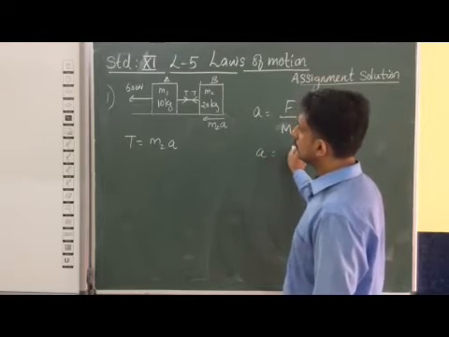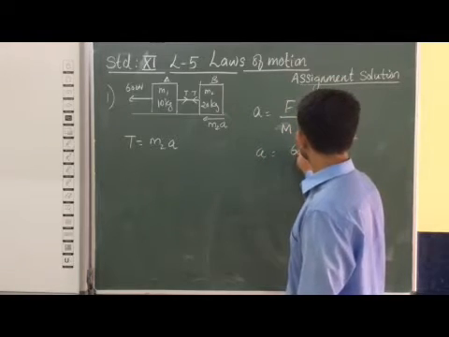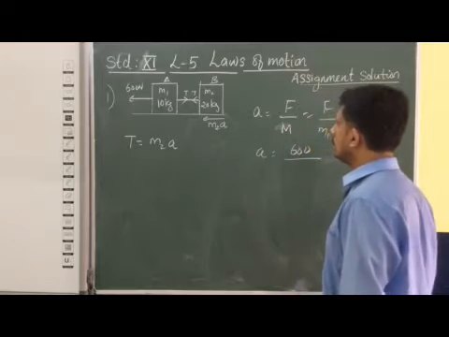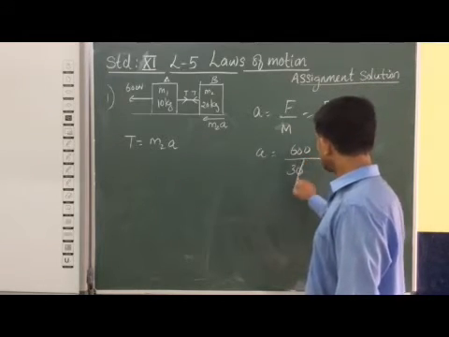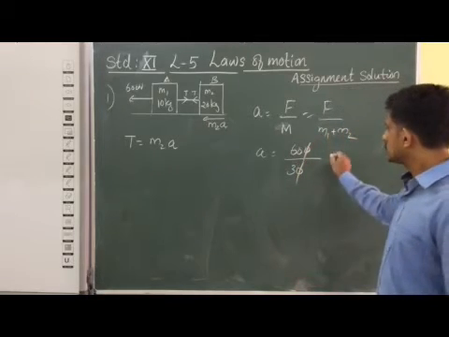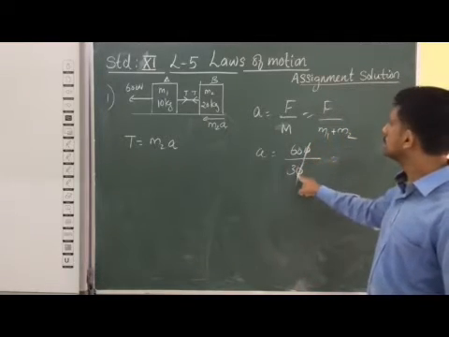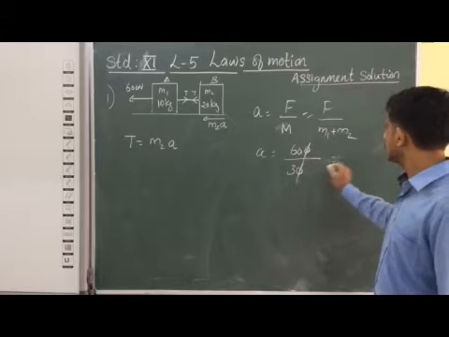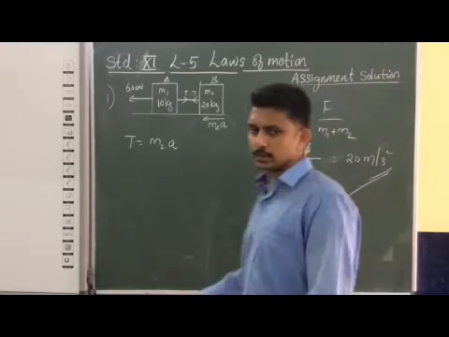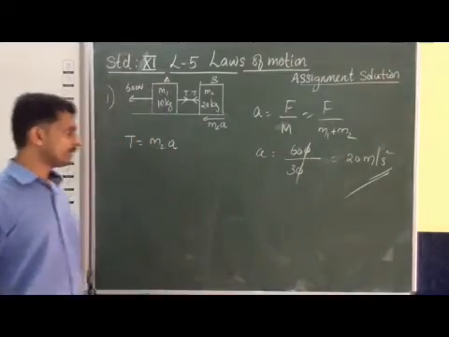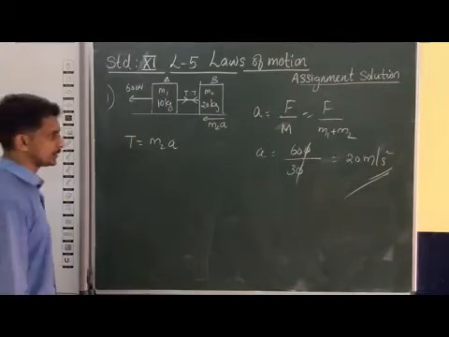So A is equal to 600 divided by M1 plus M2, which is 30. So 600 divided by 30, that is 20 meter per second square. So we are getting the value of acceleration as 20 meter per second square.